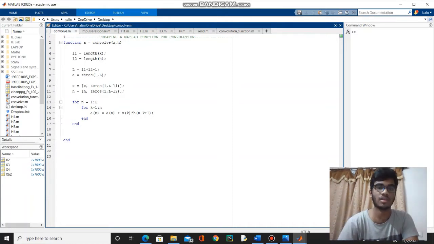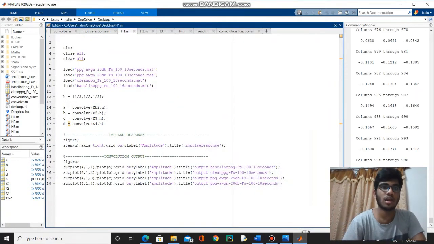This is the code for convolution of the first system using all four different input signals. The unit impulse response of the system is 1 by 3 comma 1 by 3 comma 1 by 3, and A, B, C, D are the outputs of the convolution for the first, second, third and fourth input signals respectively. So yes, this is the code.